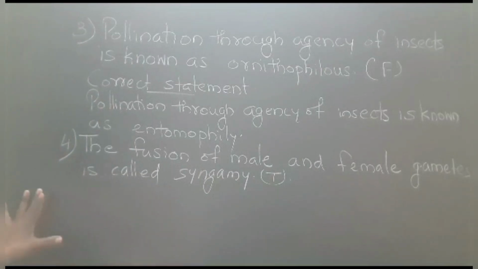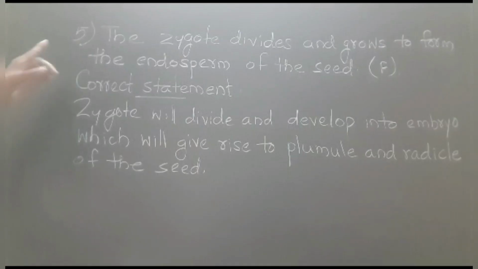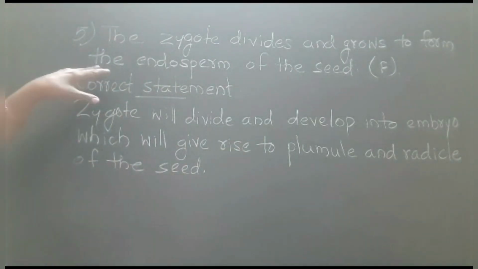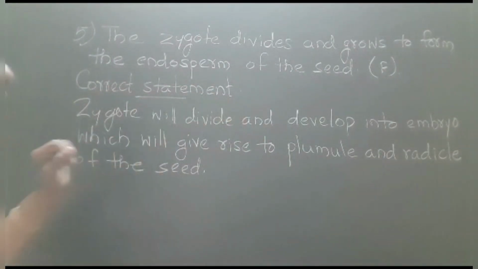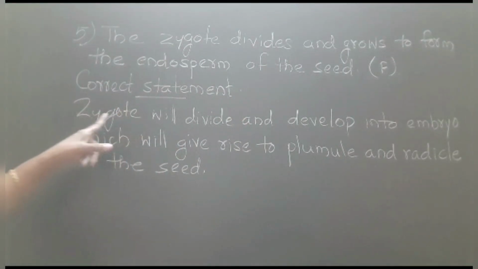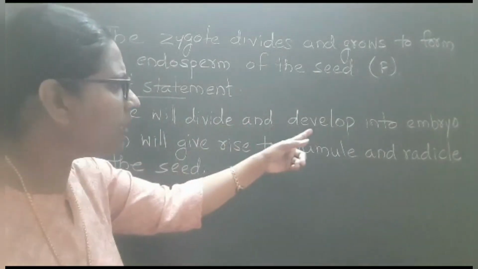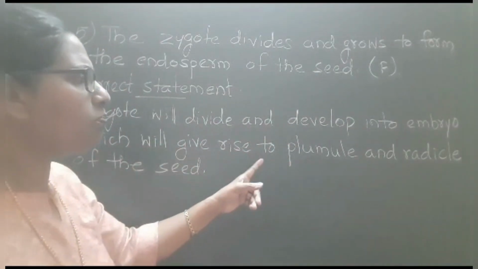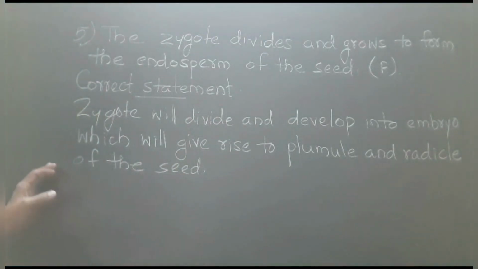The statement is true. Fifth one, the zygote divides and grows to form the endosperm of the seed. The statement is false. Correct statement is, zygote will divide and develops into embryo, which will give rise to plumule and radicle of the seed.